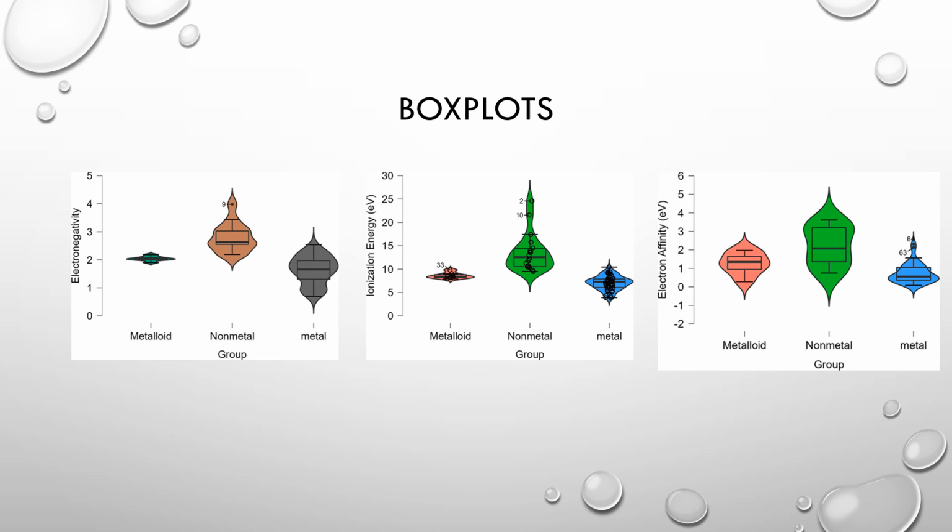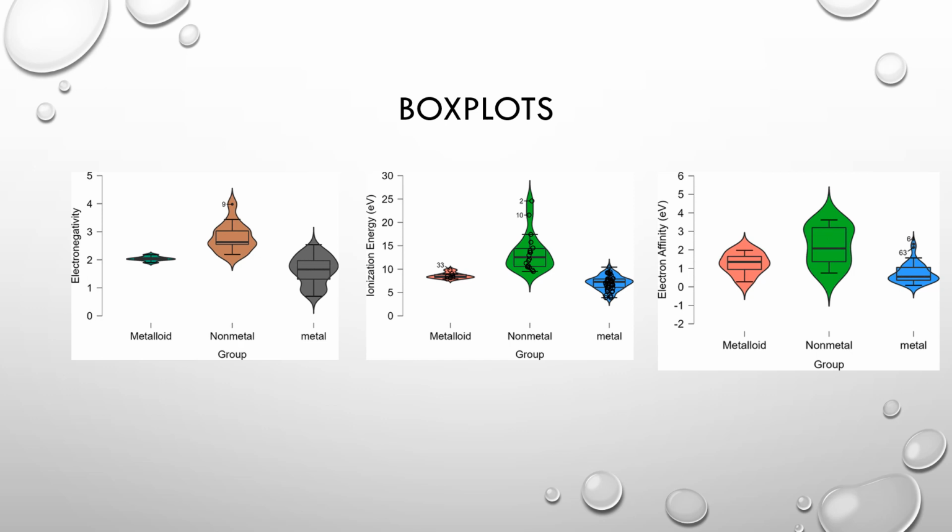Here you will see the electronegativity, the ionization energy, and the electron affinity box plots. I grouped these all together because, as you can see, the non-metal group here has the higher properties than your metalloids and your metals.